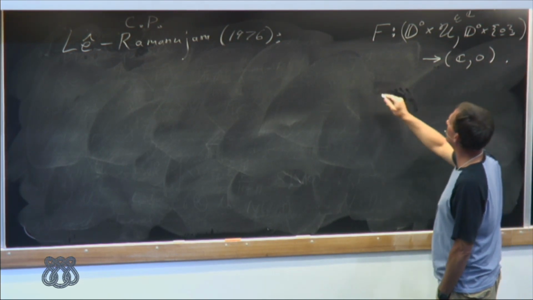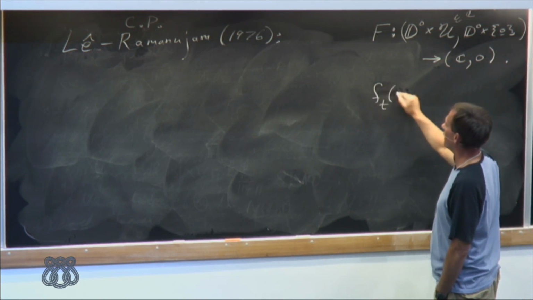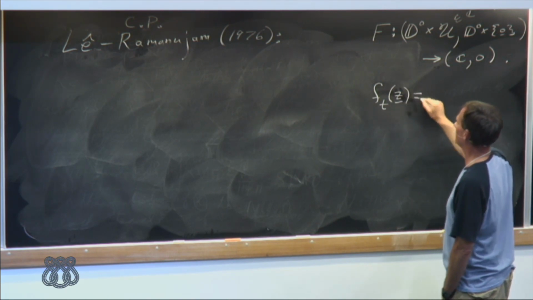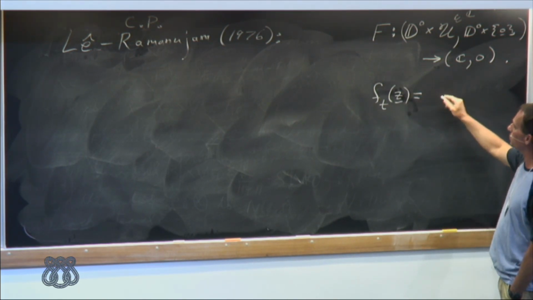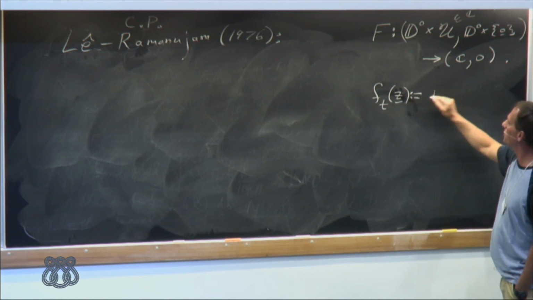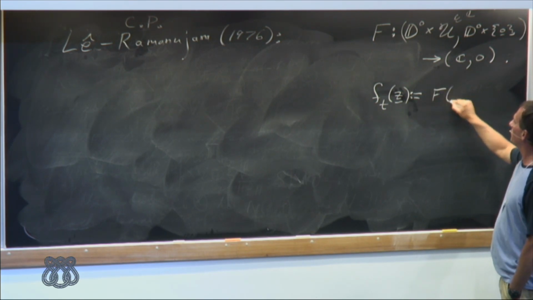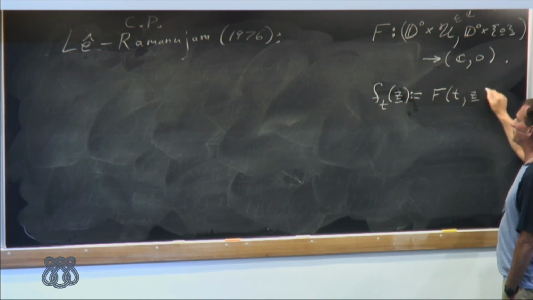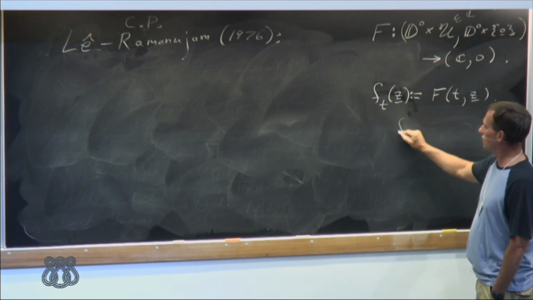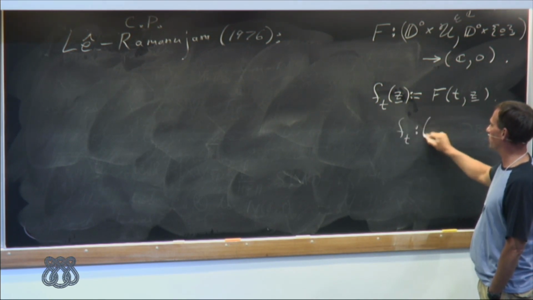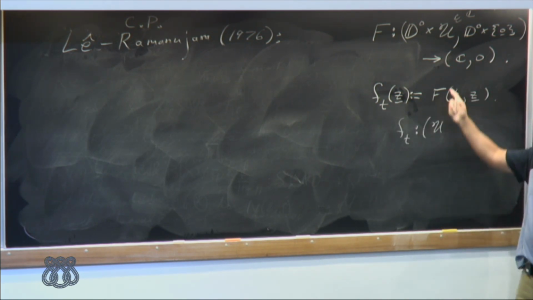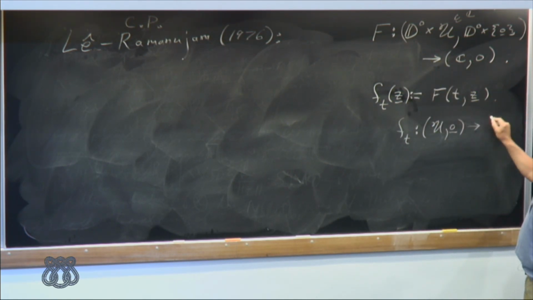And then I define a one-parameter analytic family by defining this to be f of t z. So each f of t, for each small t value, is one of the things we were looking at yesterday.